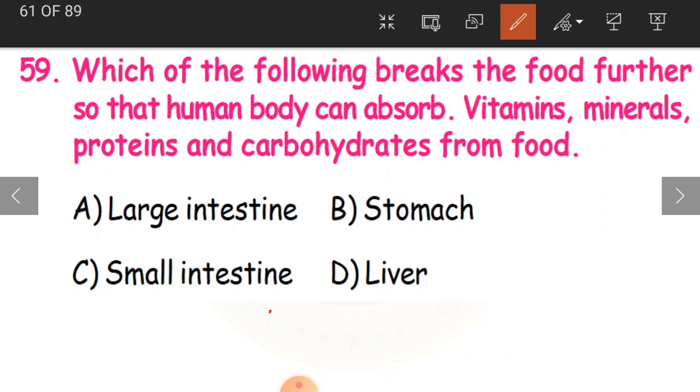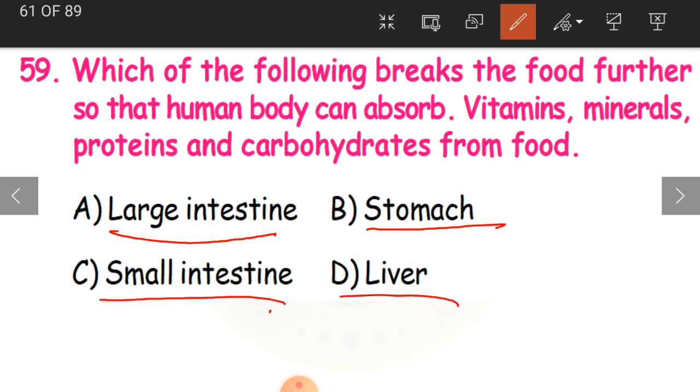So when we eat food children, the food is going to break down so that it easily gets digested, and all these vitamins, minerals, proteins, and carbohydrates in our food are absorbed by the body. Okay, so which organ is going to do this? Is it large intestine, stomach, small intestine, or liver? And the answer is small intestine.